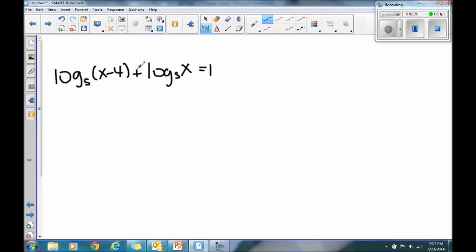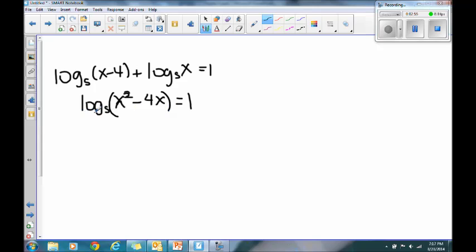We need to combine them into a single term, and we know that sums go back together as products. There should be a minus, but I can't get to my minus sign. X squared minus 4x.